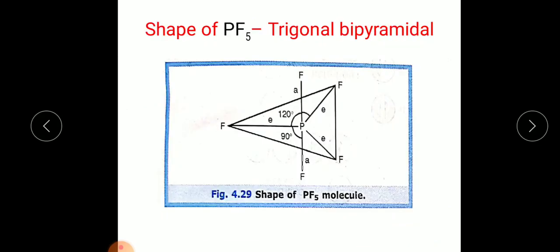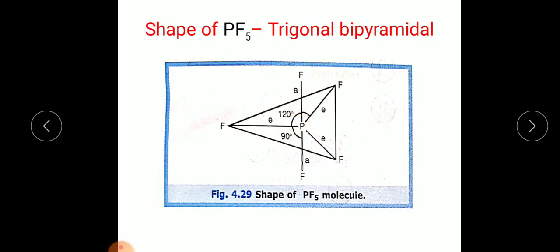Next, shape of PF5, phosphorus pentafluoride. In the case of phosphorus pentafluoride, we have got phosphorus as the central atom. Phosphorus has 5 electrons in the outermost shell, so it will form 5 bonds. So the 3 bonds will arrange in an equilateral triangle with a bond angle of 120 degrees, whereas the 2 fluorine atoms will attach to the central phosphorus atom at an angle of 90 degrees to the axis, we can say.